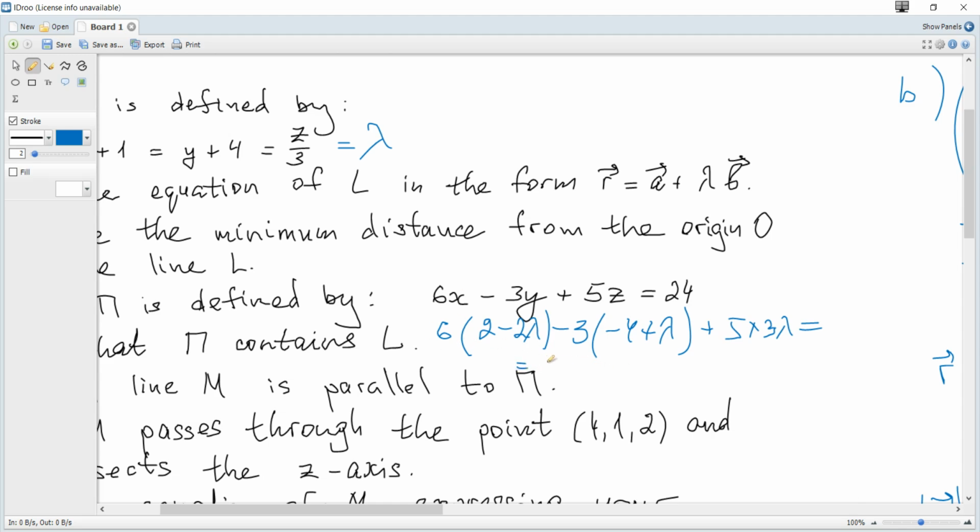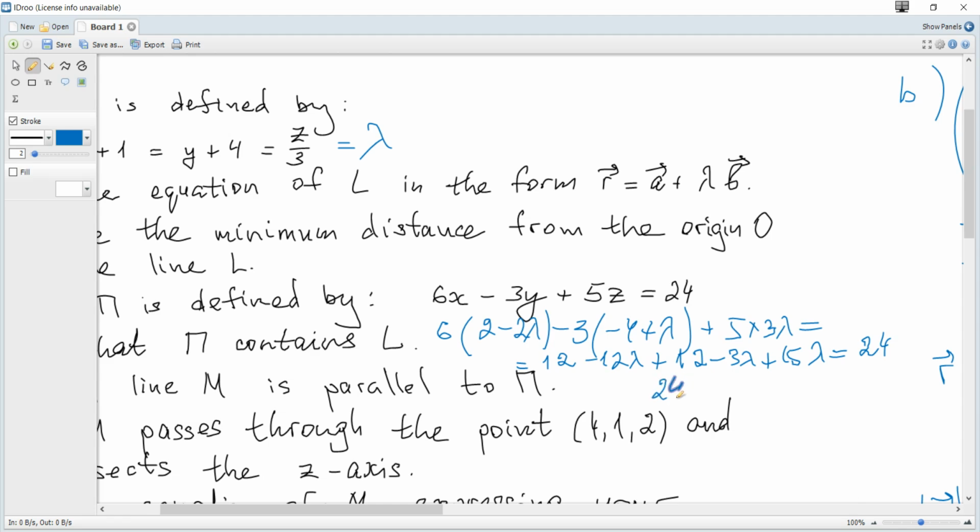The left hand side is 12 minus 12 lambda plus 12 minus 3 lambda plus 15 lambda, and you can see that it's just 24.